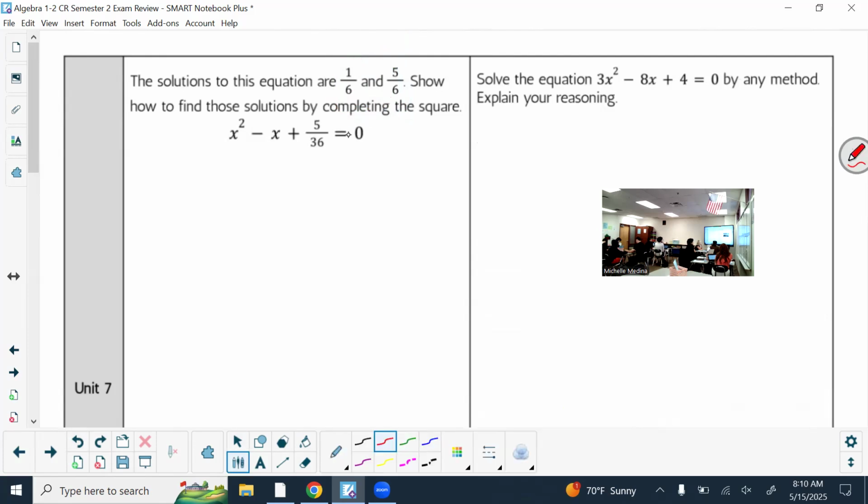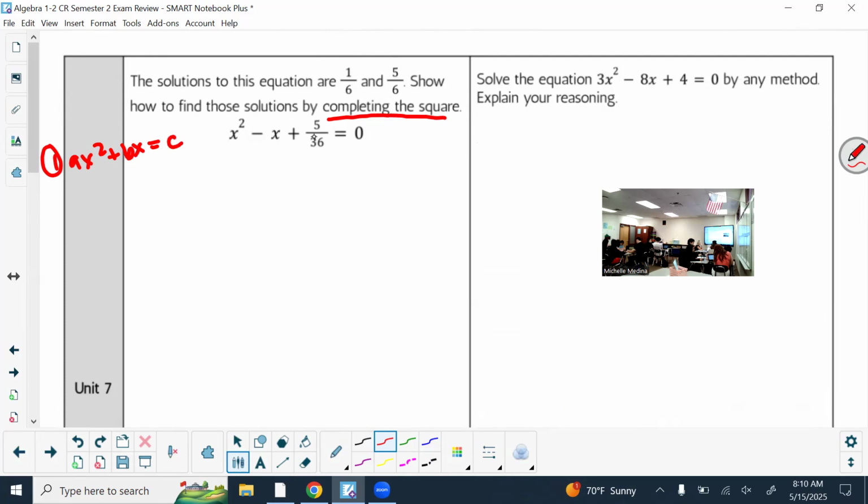But completing the square has a very specific list of steps. What's the first step? Okay, good. Let me put these steps over here. So completing the square is the one that does not want the constant on the same side as the x terms.